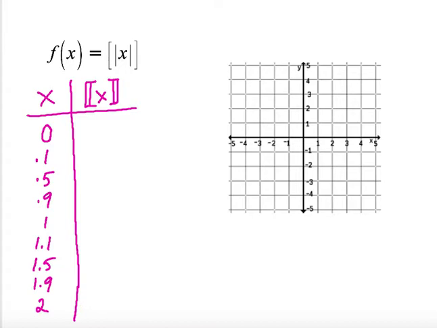With the greatest integer function, like I said, we're always going to round down to the next integer. So when you're already on an integer, nothing's going to change. 0 is an integer, so we stay at 0. But 0.1 is not, so we round 0.1 down to the integer before. 0.5 goes down to the integer before. 0.9 goes down to the integer before.